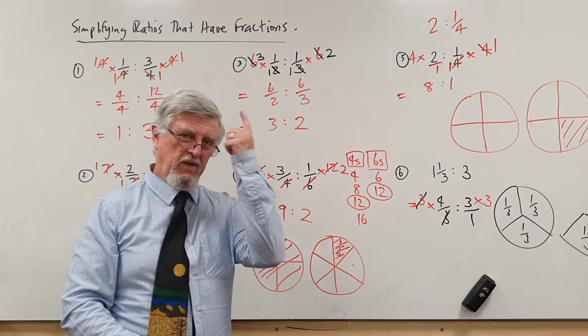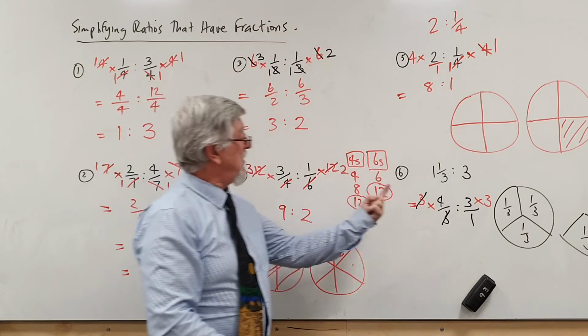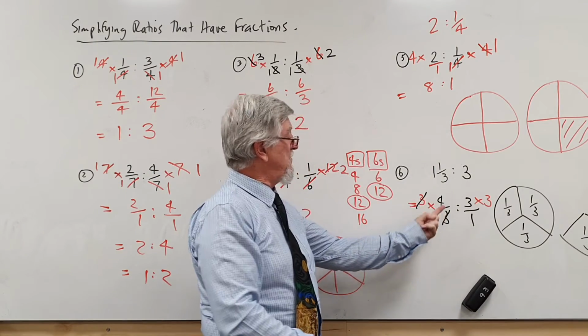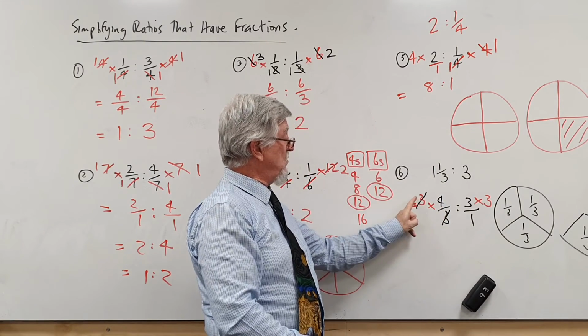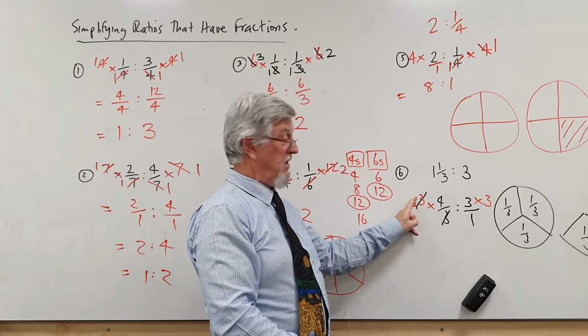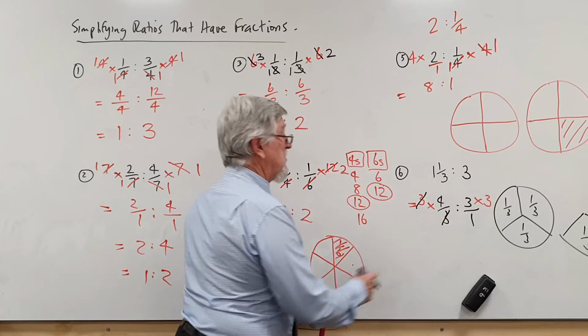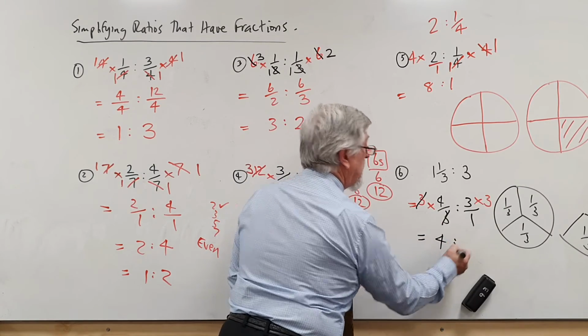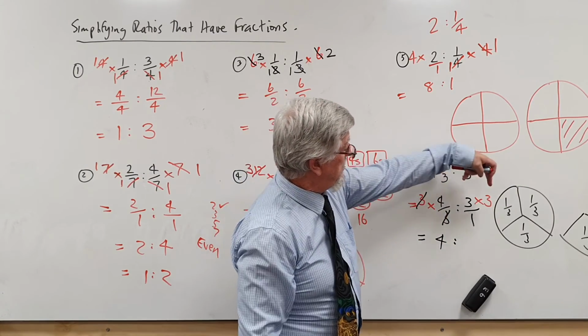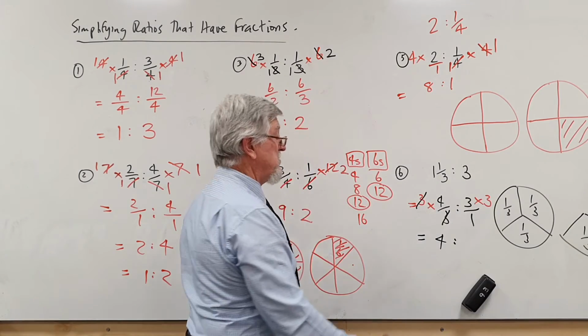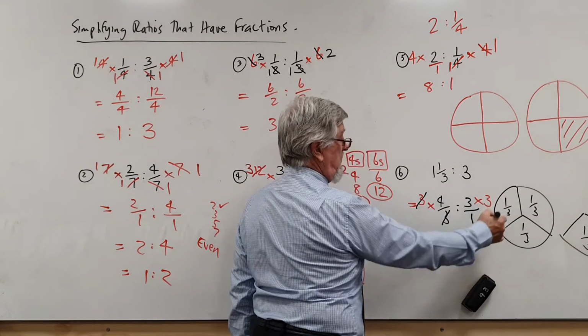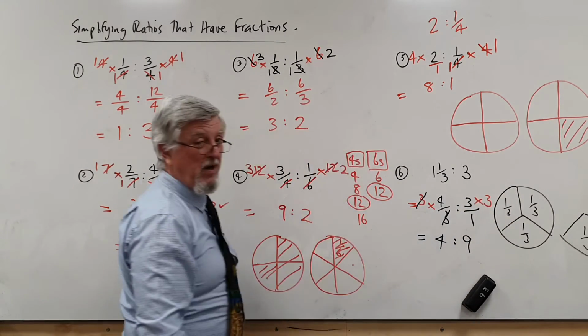They actually become 1. But if I got a 1 times a 4 over a 1, how much effect does the 1 there have? Nothing. How much effect does the 1 there have? Nothing. So I can look at that and just go, that's 4. Now then I've got 3 times 3, multiply the tops. So it's actually 9 over 1, but that's just 9. So the ratio is 4 to 9.